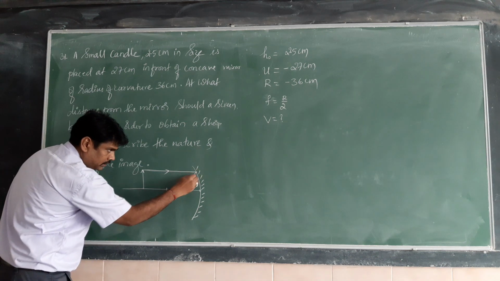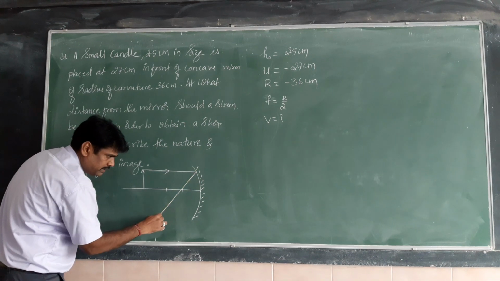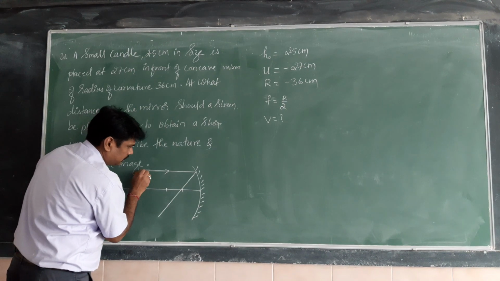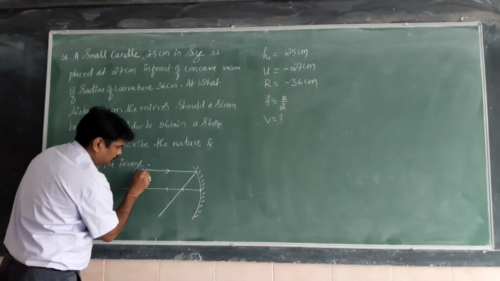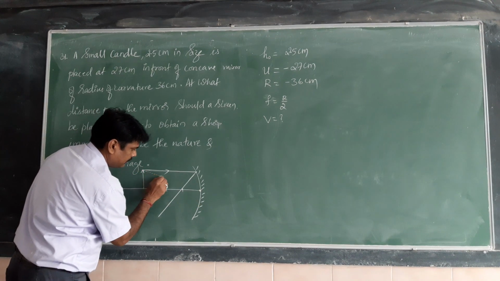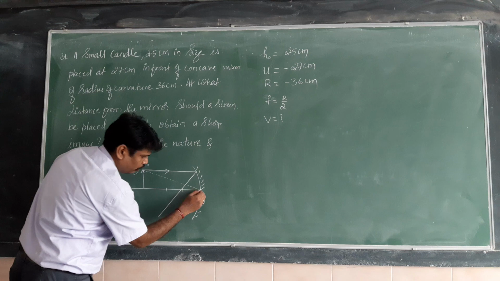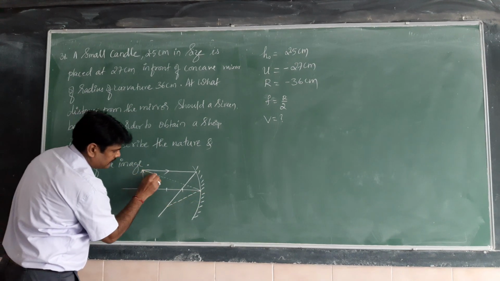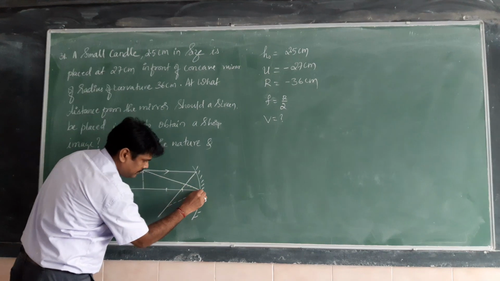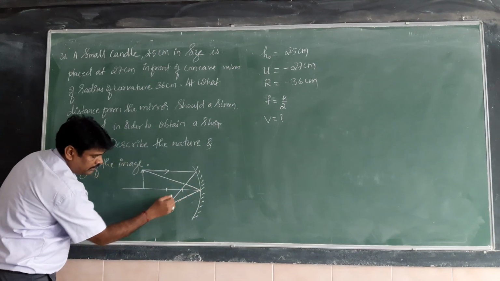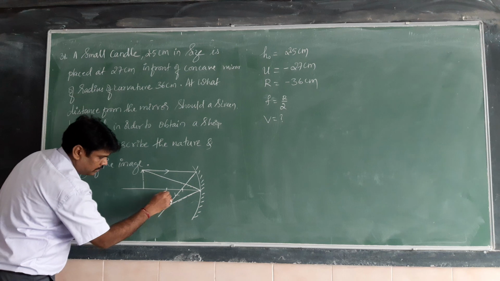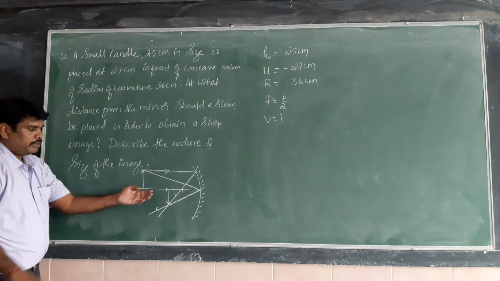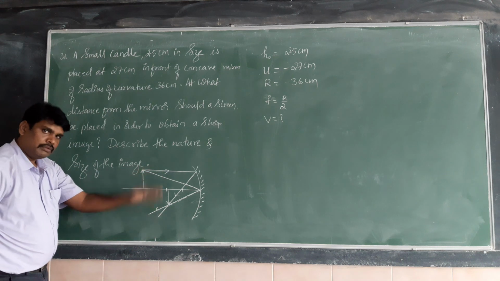So we have to draw the reflected ray passing through the principal focus, and another ray passing directly to the pole. It will obey the laws of reflection and it will cross some area like this. This is the incident ray and this one is the reflected ray. Where these two rays intersect, there the image is formed in the downward direction, because it is a real image, an inverted image.